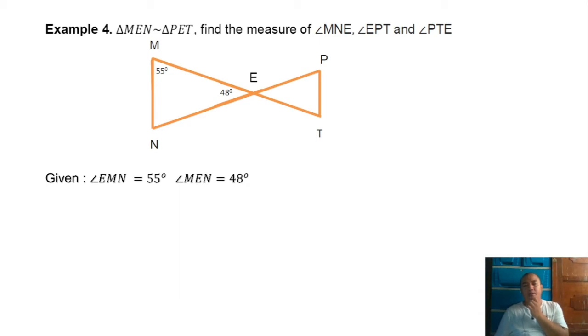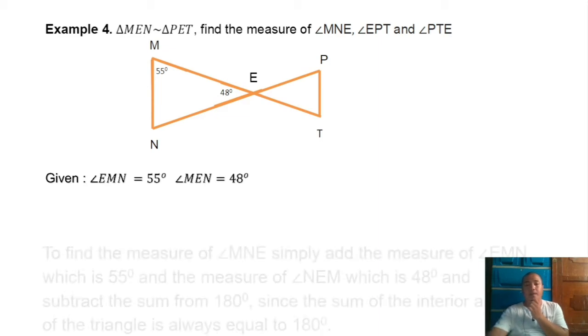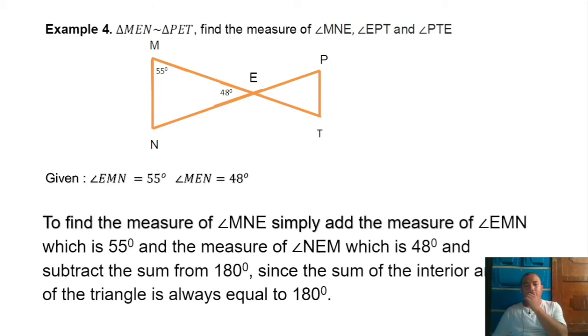Angle MEN is equal to 48 degrees. So to find the measure of angle MNE, simply add the measure of angle EMN and angle NEM or MEN. So 55 plus 48 is 103.